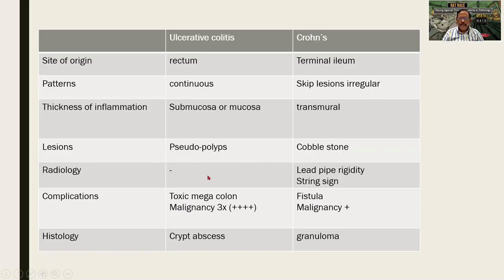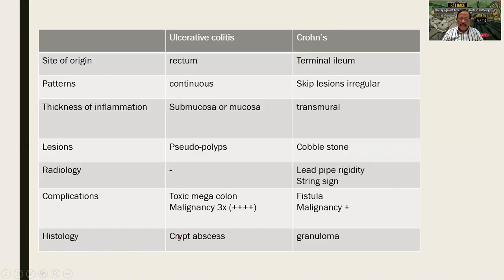Radiologically, nothing specific in ulcerative colitis, whereas in Crohn's disease, owing to the lead pipe rigidity, there is narrowing and a string sign. The complications in ulcerative colitis include toxic megacolon, and malignancy is 3 times more common than in Crohn's. In Crohn's, there can be fistula formation, and malignancy is there, but at 1/3 the frequency.